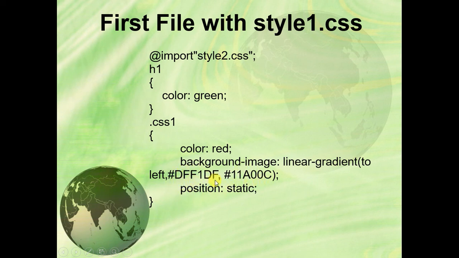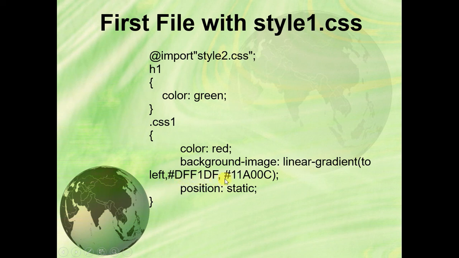Okay, this number is called hexadecimal numbers. This is what? Hexadecimal numbers. You must start the color coding with hash. Hash is most important, and after hash, then start, that is what? Hexadecimal digits.